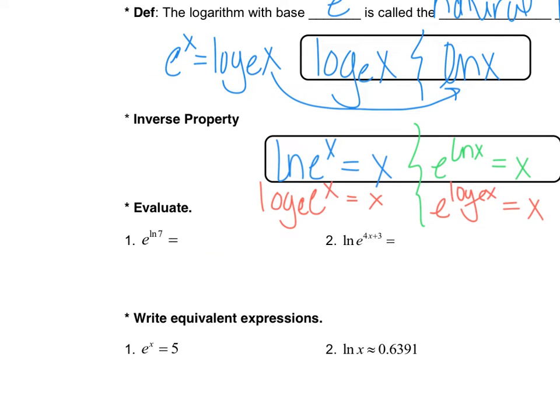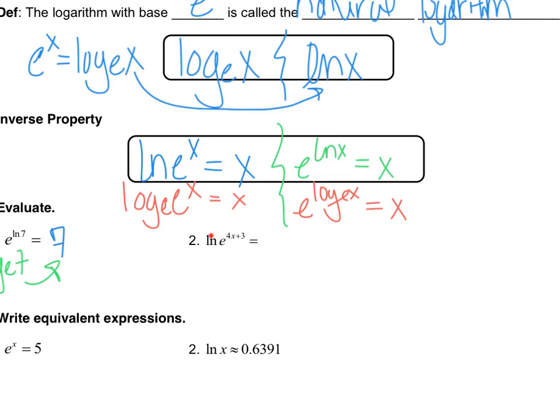For example, when you have e to the natural log of 7, they just undo each other, and this just equals 7. If you apply what we've been doing before, this is e to the log base e of 7, so that gets you just 7. Next example.